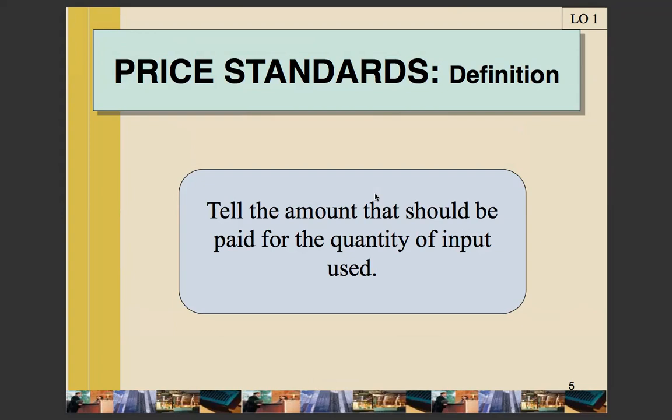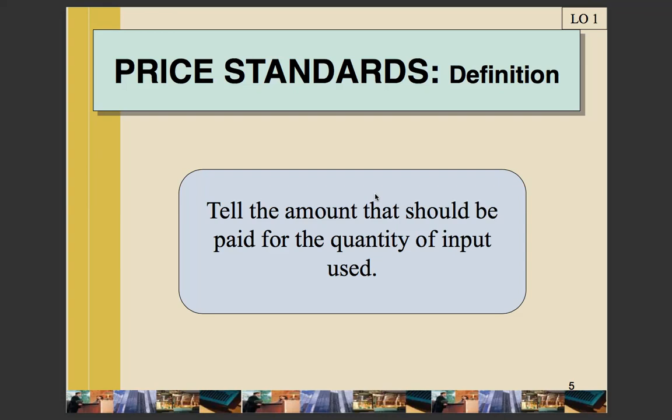Sometimes, for example, if a company wants to produce clothing, it goes to the textile industry and has to buy the fabric, right? But probably the price has been going down.